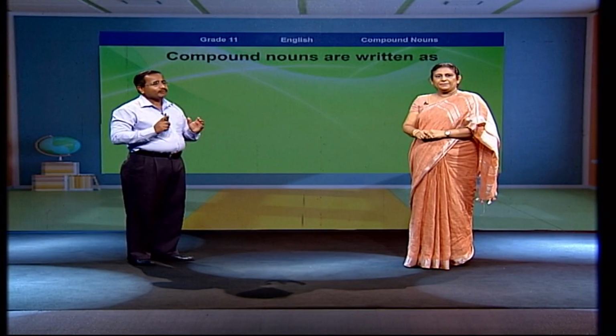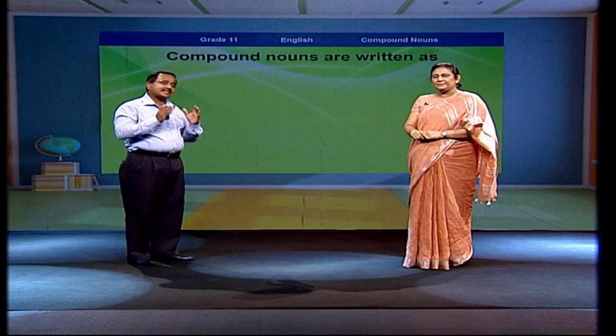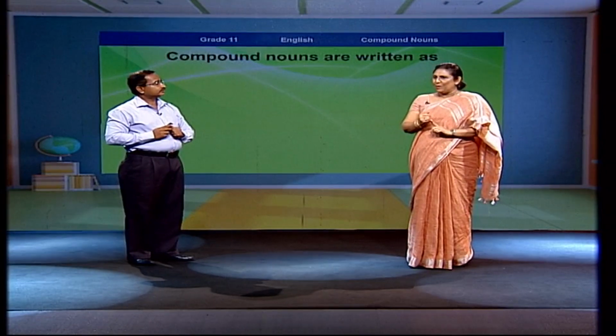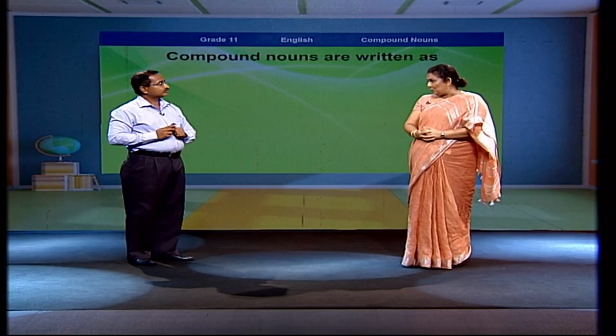Right. Hope that our students have a clear-cut idea on how compound nouns are made. My dear students, please remember these are not the only ways that you can generate compound nouns.